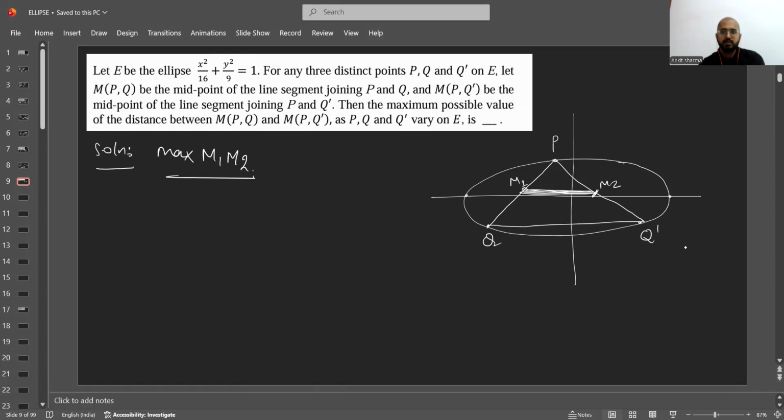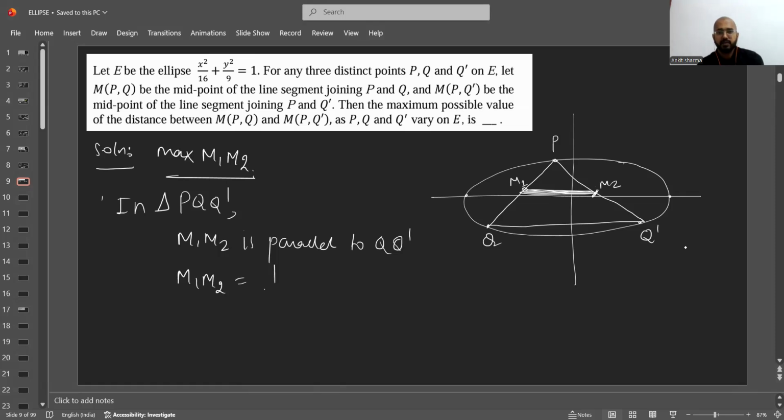In triangle P Q Q dash, M1 M2 is parallel to Q Q dash, because the line joining the midpoints of two sides is parallel to the third side and also half of it. So M1 M2 is half of Q Q dash.